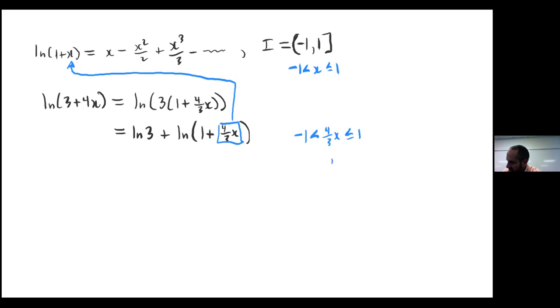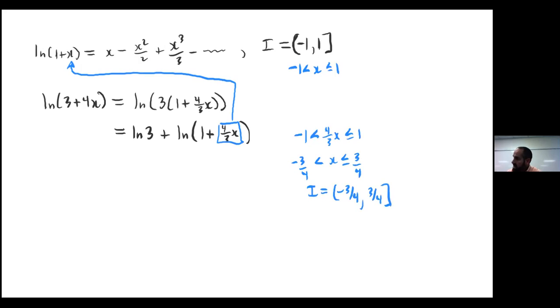Where can x be? What's the largest x could be? 3/4. What's the smallest x could be? -3/4. Okay, so the interval of convergence for this thing that I'm about to construct automatically comes from that. It's -3/4 to 3/4. Yeah?